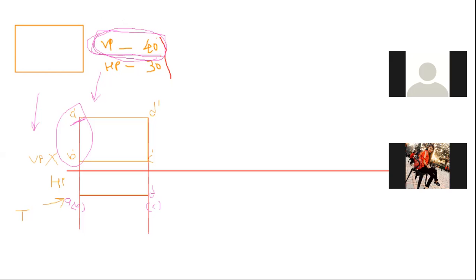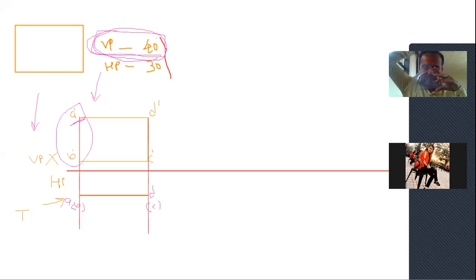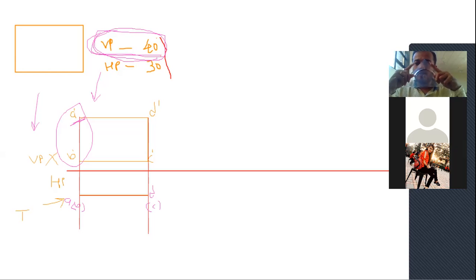Now, you pay attention here. Can you see this? Correct. Now, right now, the wall behind me is vertical plane, correct or not? Yes. And the floor on which I am sitting, that is horizontal plane or not? Yes. So right now, which kind of orientation am I having for this triangle?